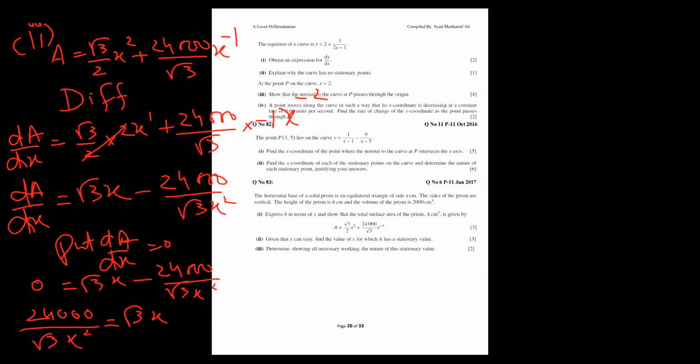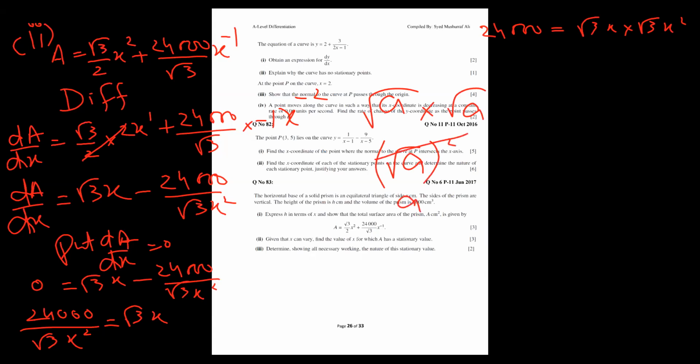Now cross multiply. Concentrate: 24,000 as it is equals root 3 x times root 3 x squared. And I think you know root a into root a becomes root a whole squared, and the square root cancels to give a. Next time if I say root 2 into root 2, you can simply say 2.